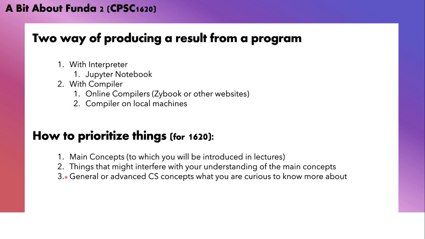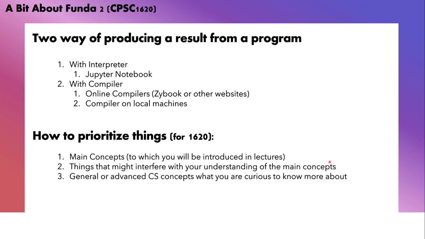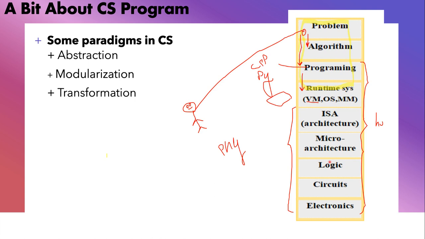You remember we had different parts here. I would suggest you at least build a curiosity about how other layers are working and how they are providing service to other layers, and read about them.